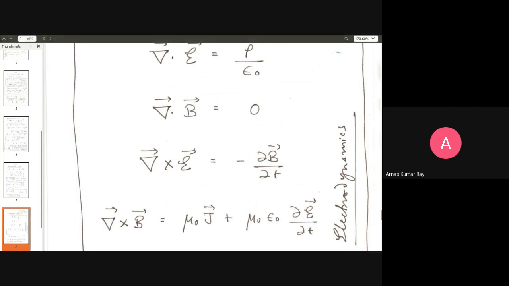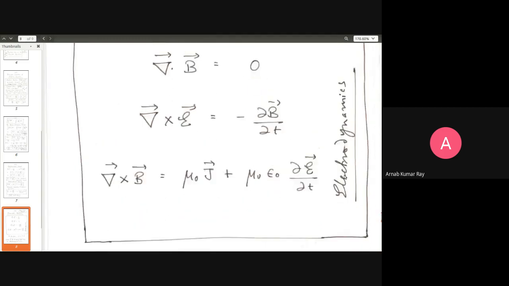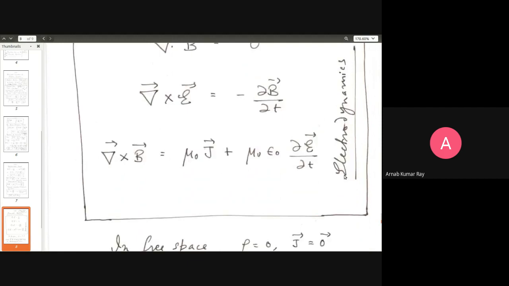E as in, let us say, the static Coulomb field, a fixed charge in space. So the curl of the electric field arising due to that fixed charge in space would have been equal to 0. But now we are talking about electrodynamics, as in the title of your textbook, Introduction to Electrodynamics.